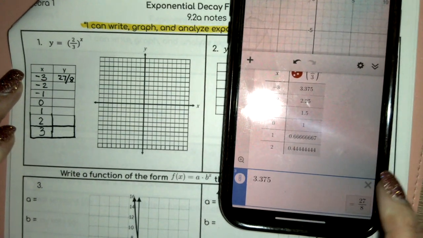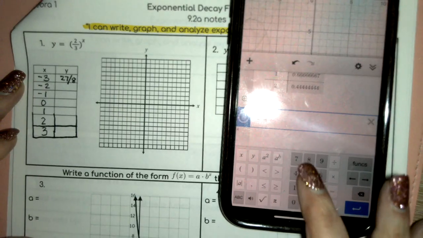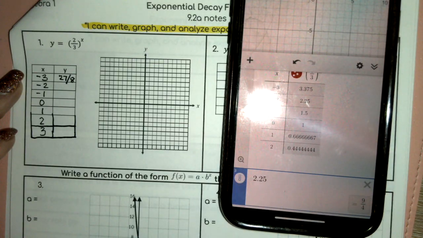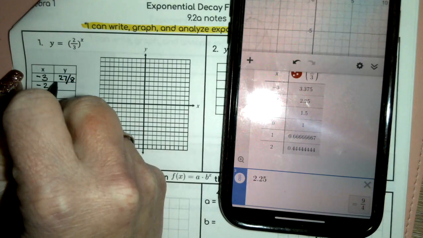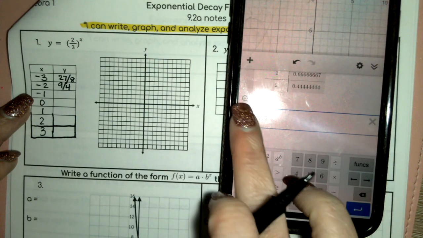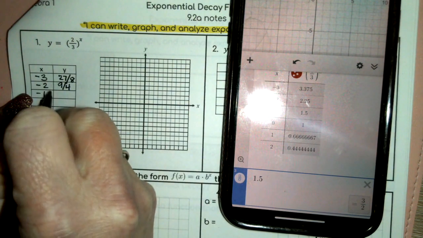Then it's 2.25. If I type 2.25 and change that over, that gives me 9/4. Then -1, 1.5. Hit that little button, and it changes it over to 3/2.